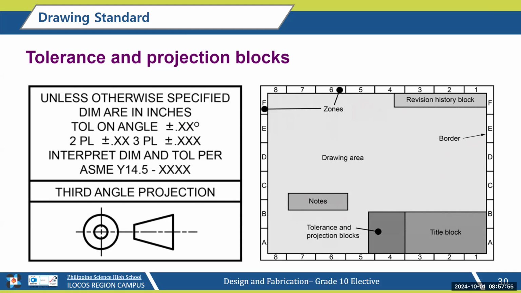This ensures that everyone interprets the views in the same way. So let us review the different projection methods in the second quarter. Together, these two blocks ensure clarity and precision in the manufacturing process.